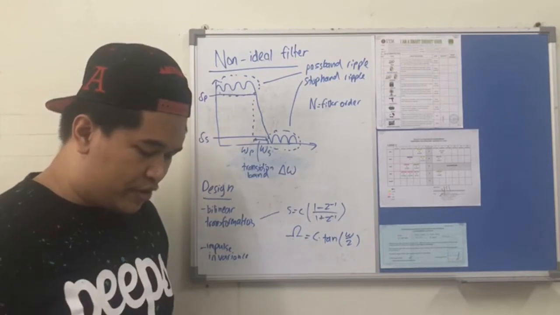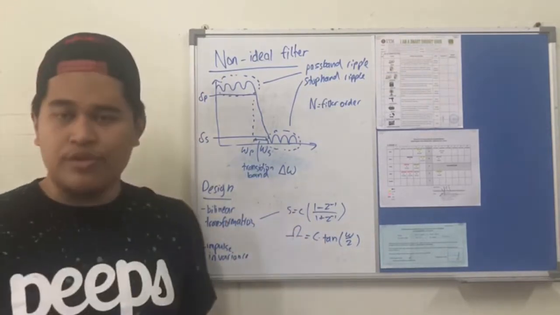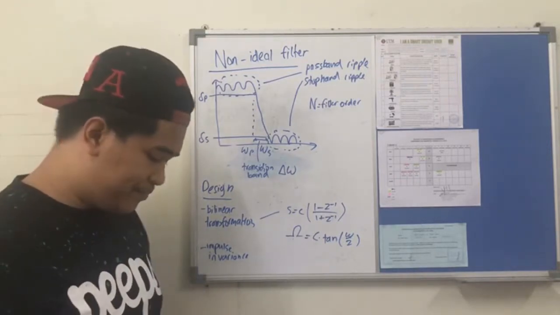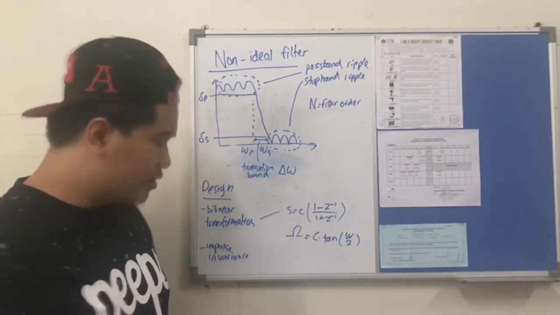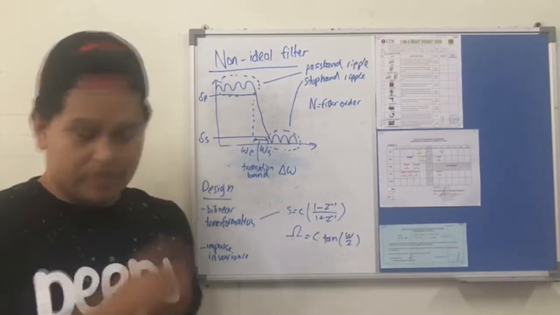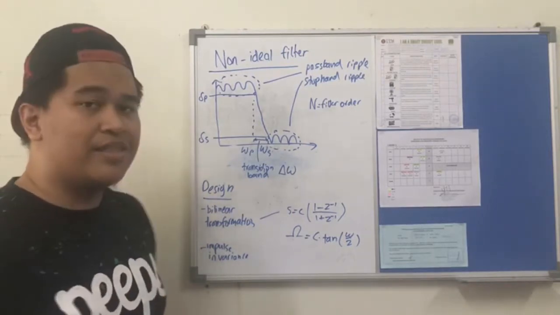It should also be noted that c is equal to 2 over Ts, where Ts is the sampling time, and this shows the relationship between the continuous time frequency and the discrete time frequency.